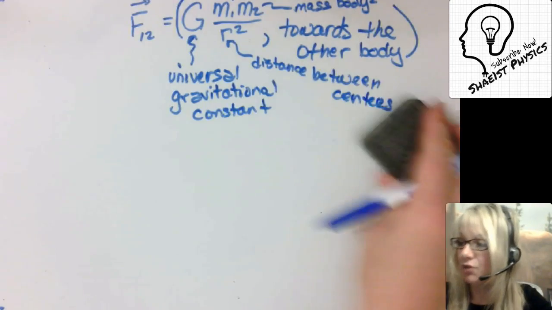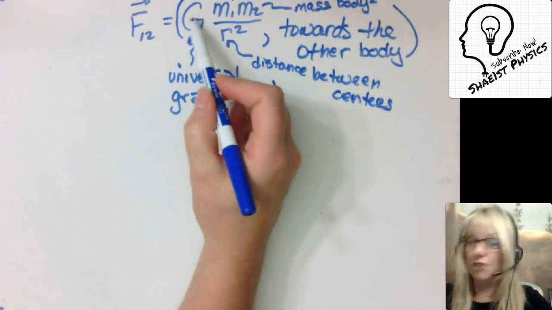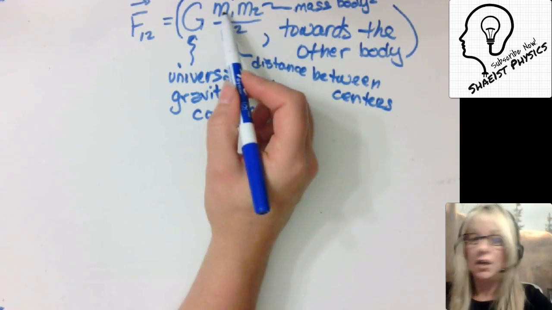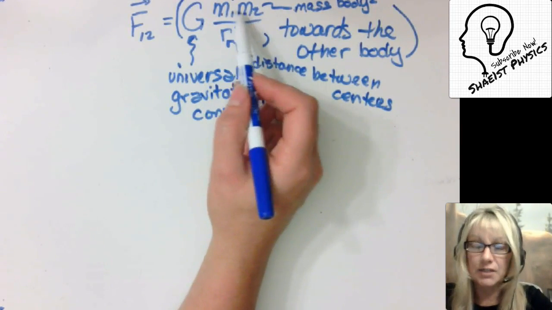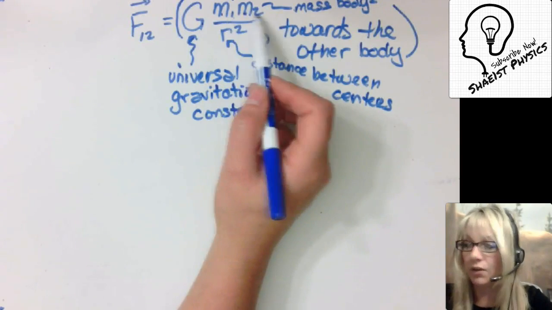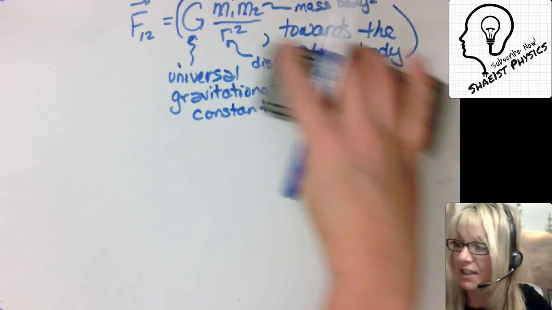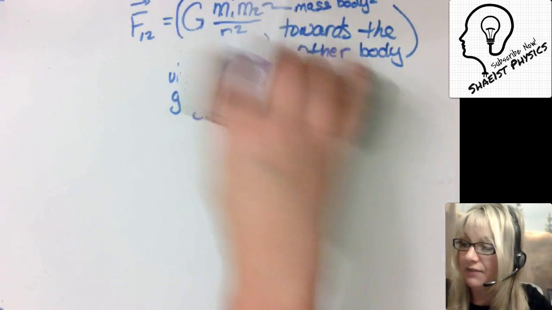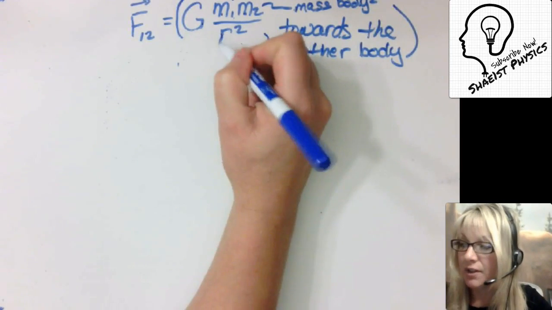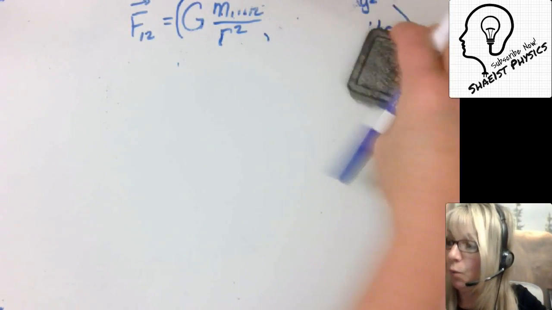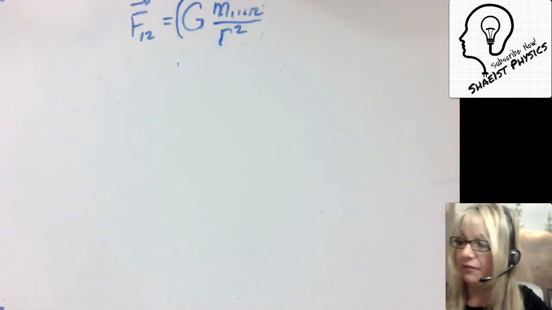So basically, when you look at this equation, you see, okay, no matter what happens, the gravitational constant's not going to change. The masses of the planets or the moons, etc., are not going to be changing. However, it relates the distance between them. So if the distance doubles, that force is going to be 1/4 of the size.